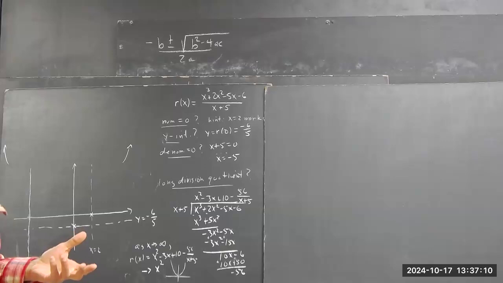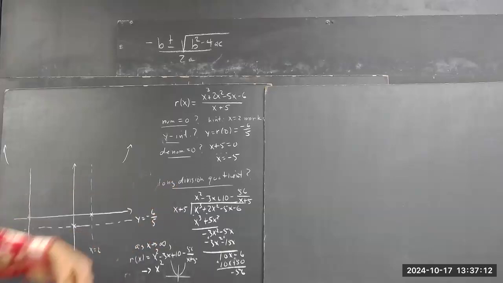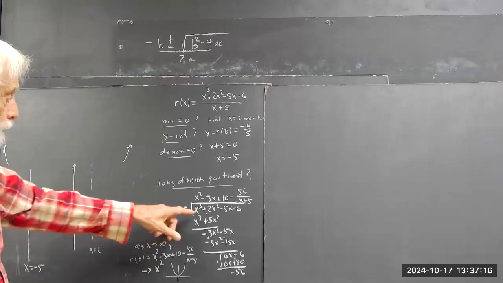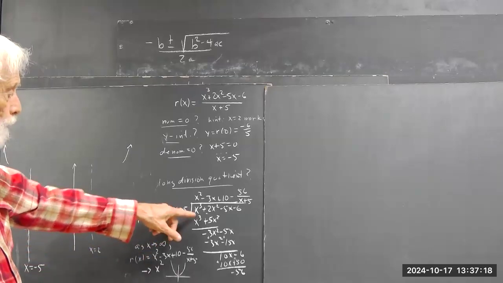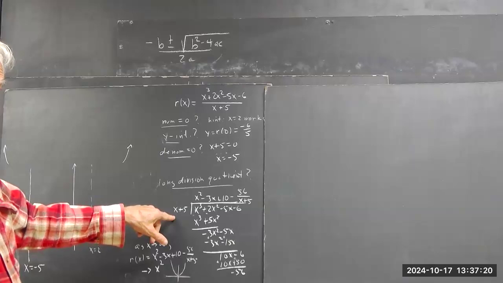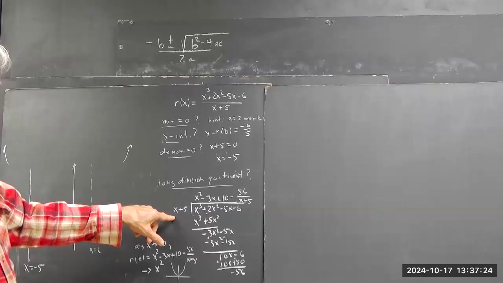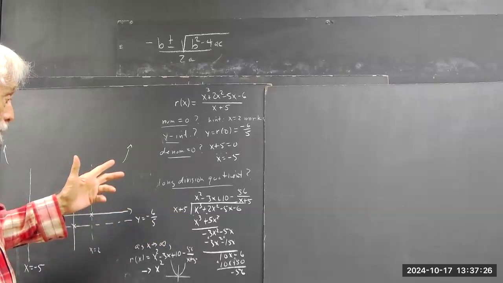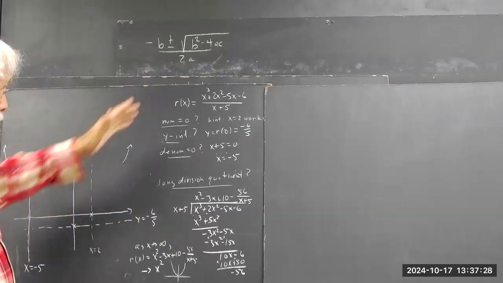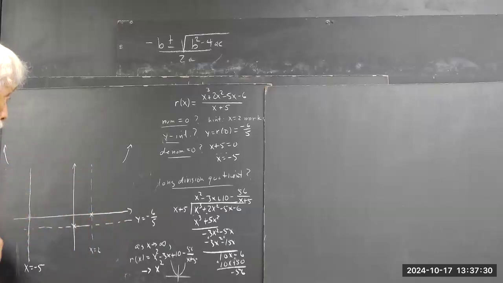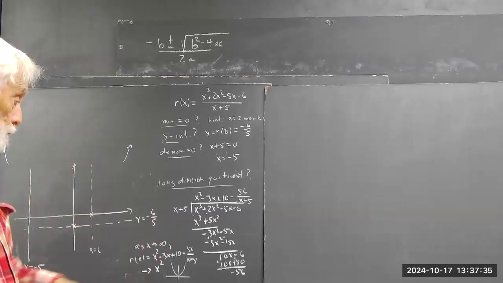That makes sense? You don't have to do long division to see that, of course. OpenMath tells you if the degree of the numerator is at least 2 more than the degree of the denominator, then it's either going to be up on both sides, down on both sides, or up on one side, down on the other. And you have the rules.